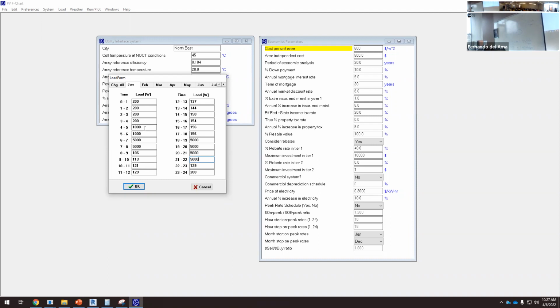We have a chart here, and well, we can do this on a monthly basis. We are working in January, and we're working one day. 0, 1, 2, 3, 4, 5, 6, 7, 8, 9, 10, 11, 12, 13, 14, 15, 18.